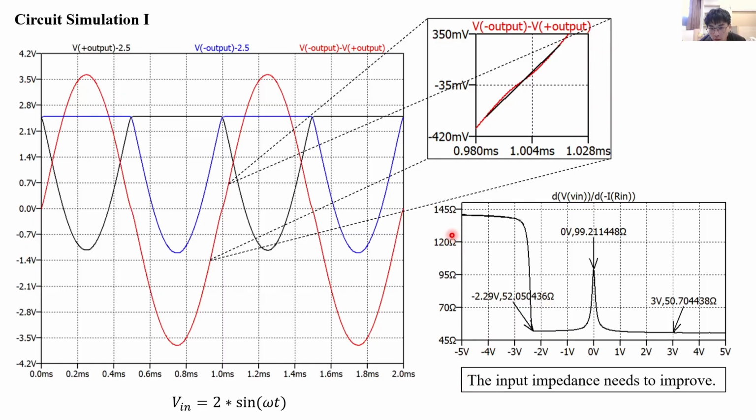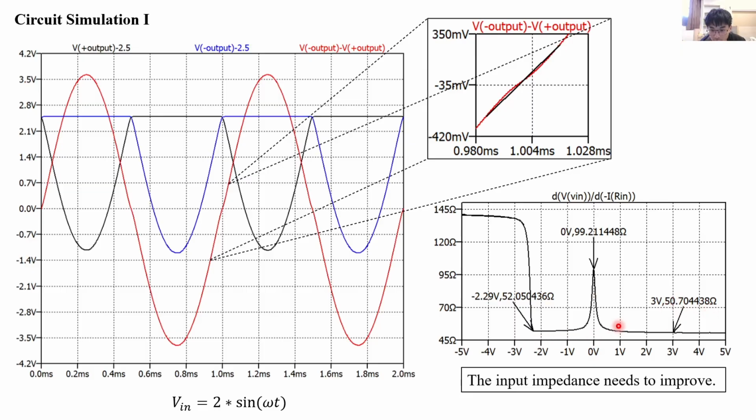And let's do the input impedance simulation. We can see as Vin equals 0 volt, the input impedance has a peak, and for positive, it goes to 50.7 ohms.